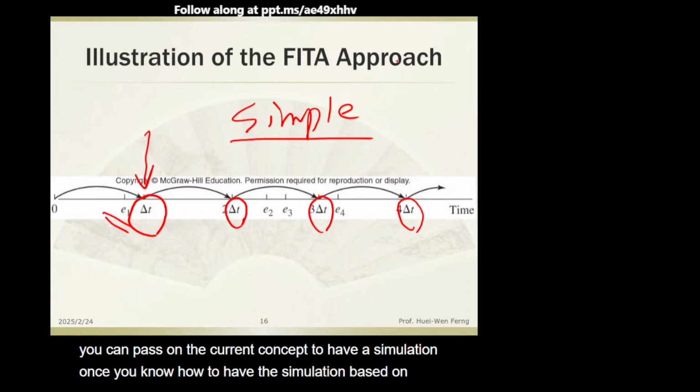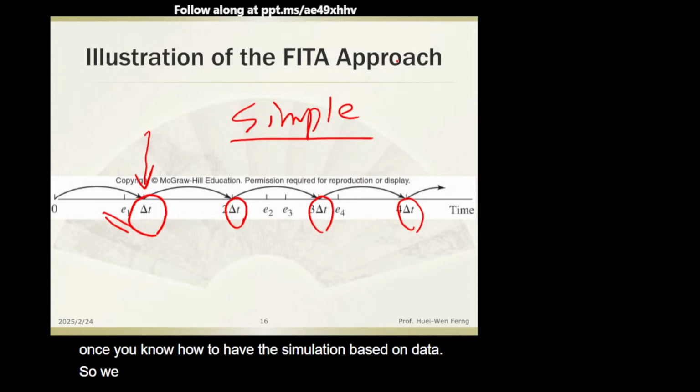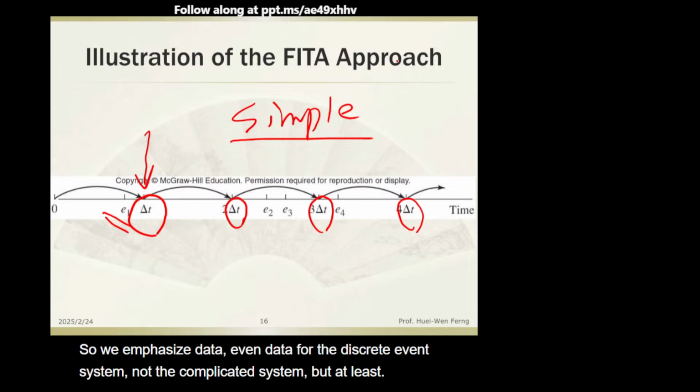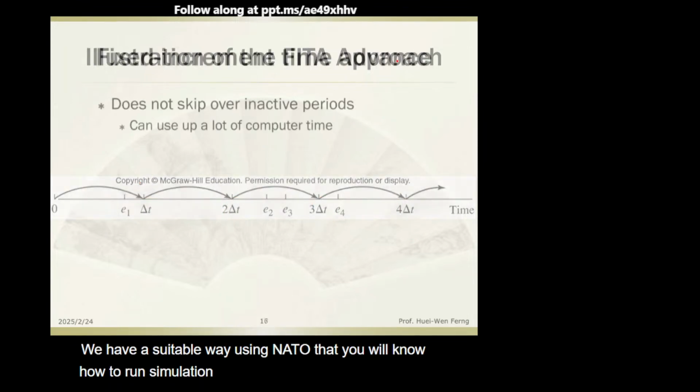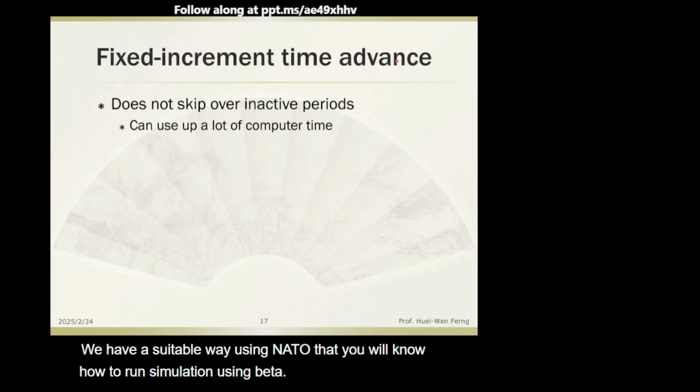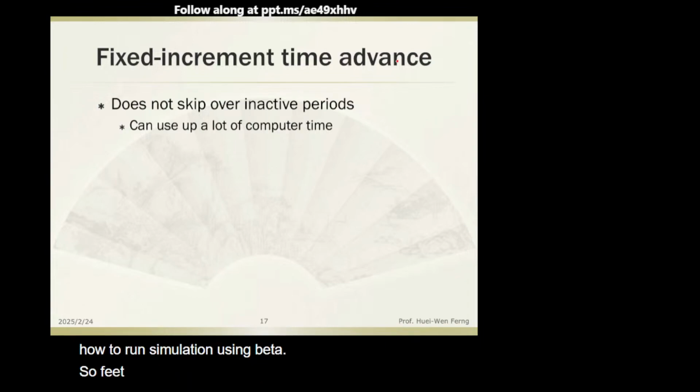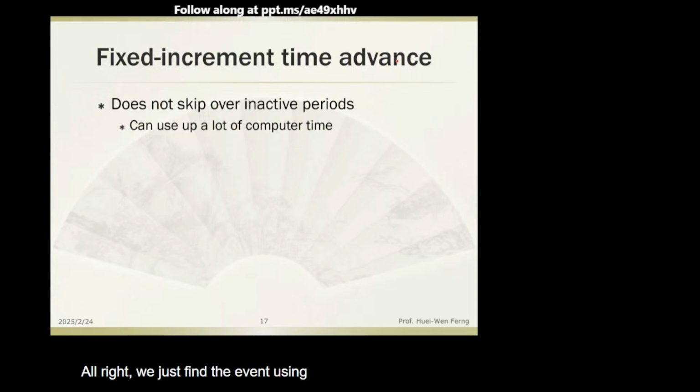We emphasize theta even for the discrete event system, not the complicated system, but at least we have a suitable way using theta, and then you will know how to run simulation using theta. We just find the event using the fixed time instants.